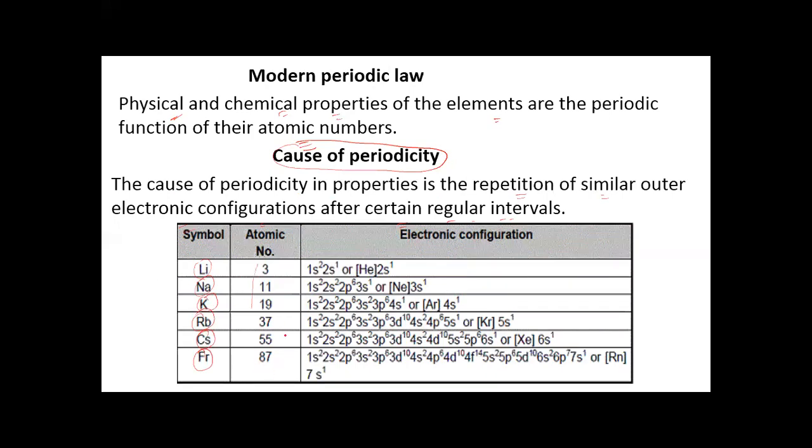Although they have different atomic numbers, the similarity is that in each case the outer shell contains one electron in the s subshell. So you can observe that because of the similar outer electronic configuration, we can say that they belong to the same group. That is the cause of periodicity.